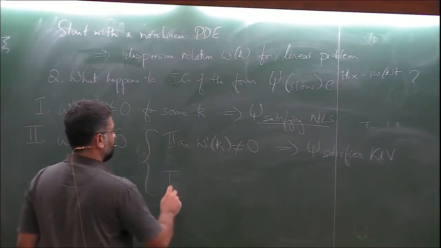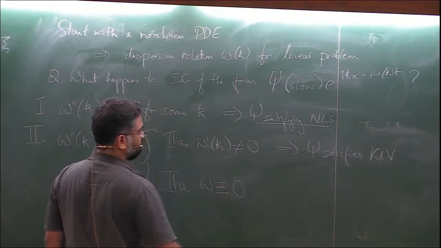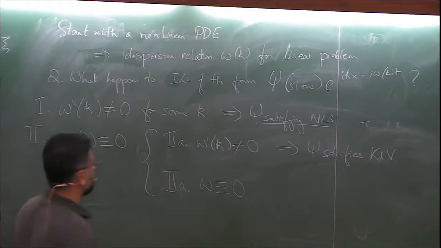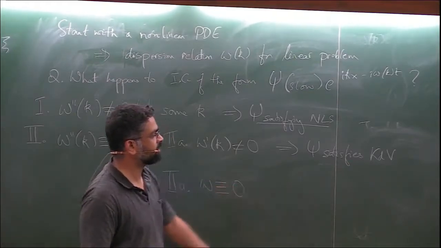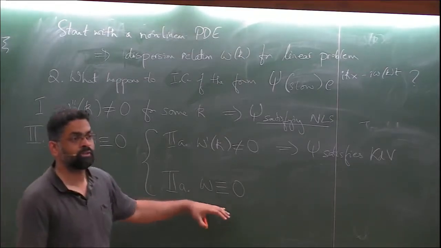And then the other possibility, the opposite of that: omega is identically zero. I don't want to give this case a generic name, but I gave a lecture as part of the Bay of Bengal air-sea interaction program that was recorded at ICTS, and I derived what's called quasi-geostrophic theory, and that's an example of this case.